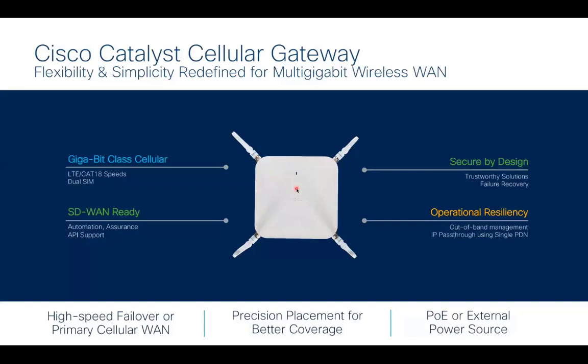And it provides flexibility to position the gateway closer to a window, outside the branch closet, for improved cell tower coverage. This hardware comes with PoE capable ports, so it can be powered via Ethernet cable without dealing with expensive or complicated power socket installation and extensions. This hardware comes with Cat18 support, and it's orderable now.